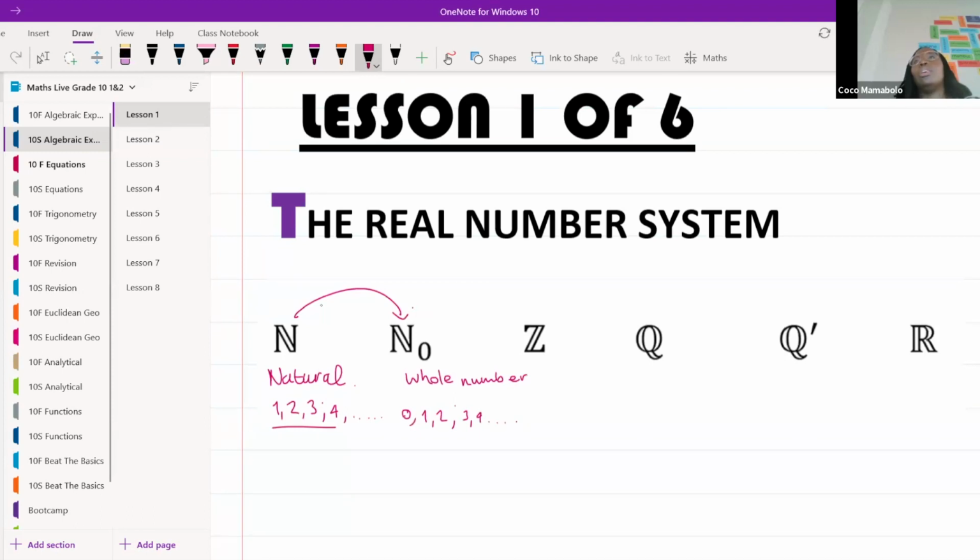Theo's already told us that Z stands for integers, right? We know that Z stands for integers. Now, if you look at the way that ma'am is actually explaining these numbers, I know that whole numbers are just going to be natural numbers plus one extra number. That means that my integers will have to be my natural numbers plus my whole numbers plus a little bit extra.